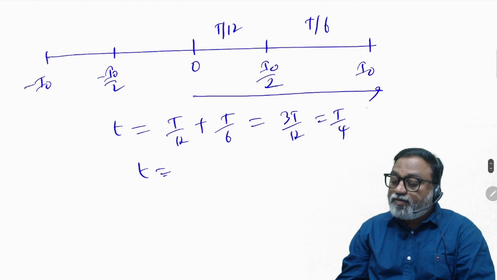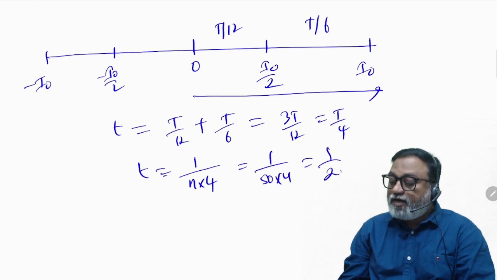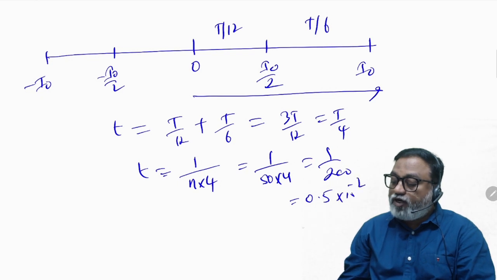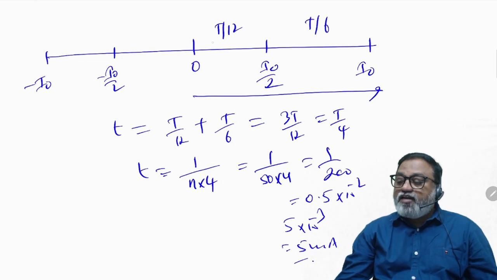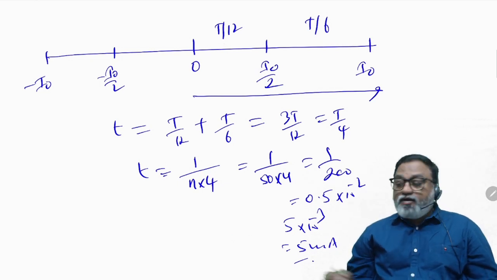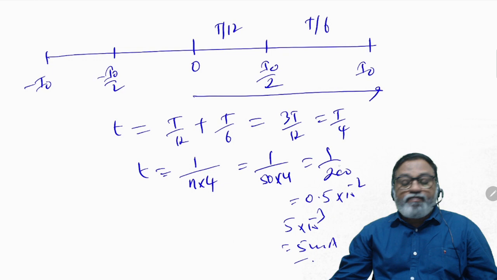Therefore, time period is the reciprocal of frequency, 1 by 50 into 4, that is 1 by 200. This becomes 0.5 into 10 to the power of minus 2, that is 5 into 10 to the power of minus 3, therefore 5 milliseconds. By using the direct method, T by 12 plus T by 6 gives T by 4.